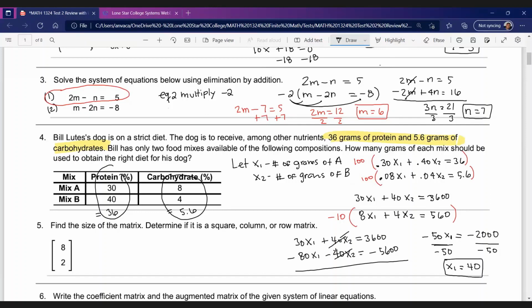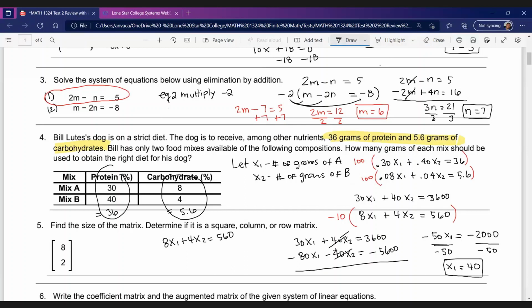Now we need to find the value of x2. I think I want to use this equation here. It seems like the easier equation to use, but you can use any of the equations that you have. That's equal to 560.